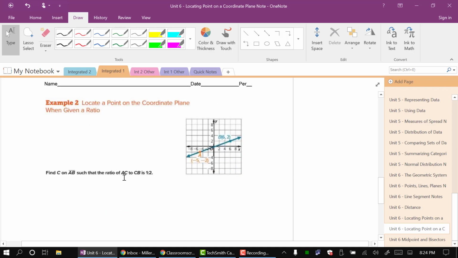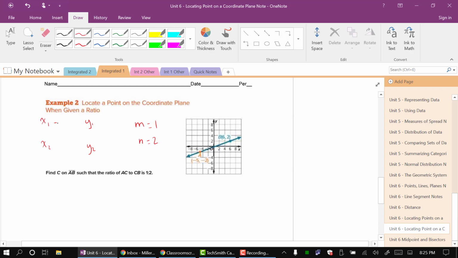So again, we want to find the new coordinate of C given the ratio of 1 to 2. So my x1, my x2, my y1, my y2, my m, and my n. Now, remember, m to n. So m is going to be 1, n is going to be 2.